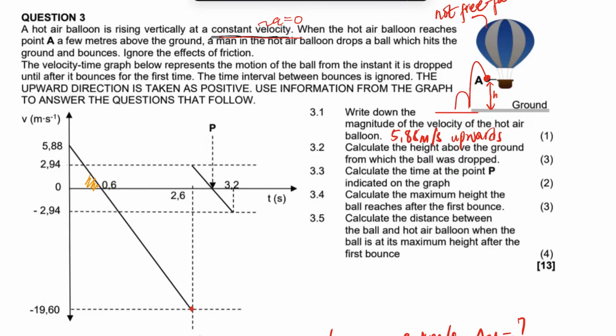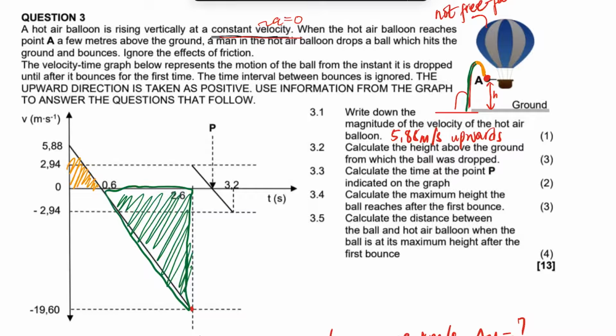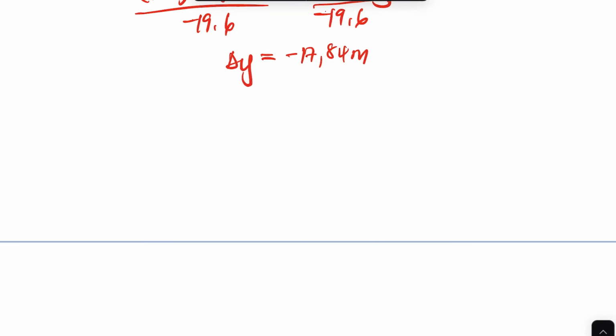We have this area from there to there, and then, which color am I going to use? Let me use green. From there to the ground, it's this area. If you check my previous video, the area under this curve tells us the displacement. So I'll say this one minus this one will give us the height there. Without using the equation of motion, that's how you do that.